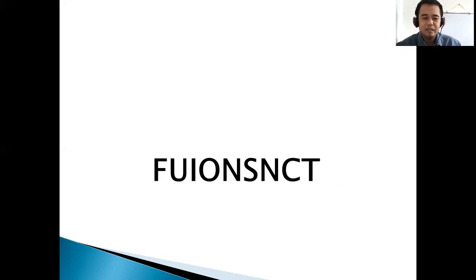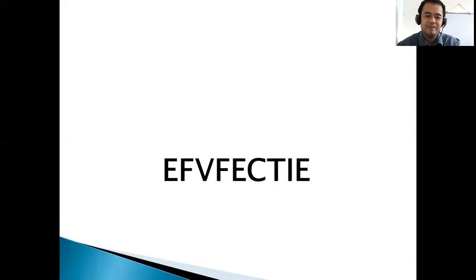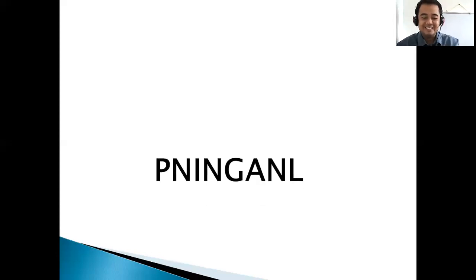It starts with letter F. What word can you create? Moving on. What word can you create from this jumbled word? It starts with letter E, K. So think of a word. Let's move to the next word. It starts with letter P. What word can you create from this jumbled word?